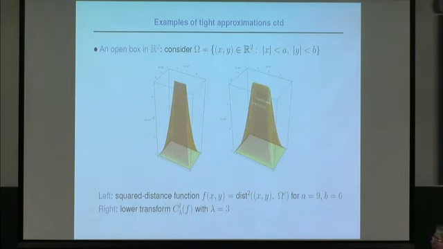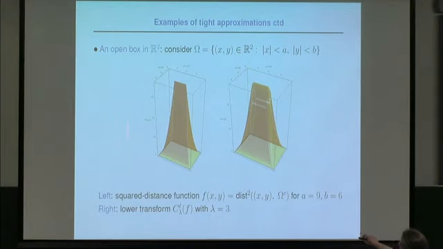Here's another example, just to fix ideas. Here we are taking an open box in R2, so mod x less than a, mod y less than b, and then we'll take K to be the complement of this box. So this is our rectangle, and we're taking our set K to be the complement in R2 of this rectangle.